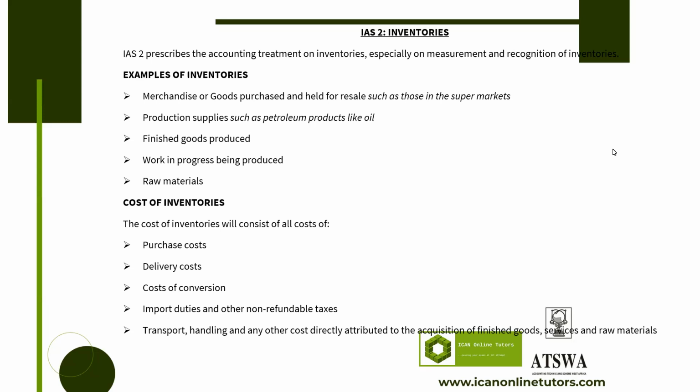Purchase cost in this case refers to the purchase price, the initial cost of purchase. Number two, delivery cost. For delivery cost, you can see that as carriage cost. Cost of conversion, import duty, and non-refundable taxes. Transport, handling, and other costs directly attributed to the acquisition of finished goods, services, and raw materials.